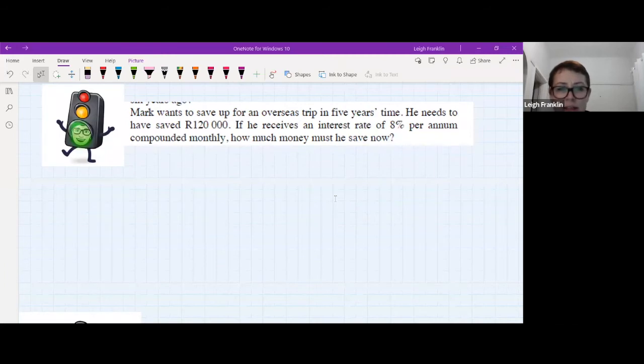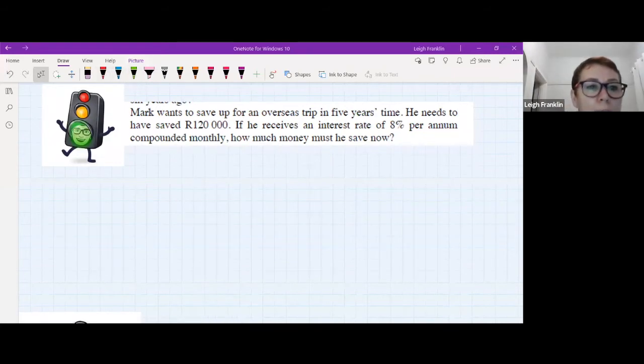Isn't this interesting? We're all doing the same question and we've got different answers. Tsepiso, Cabello, Nsako, Lesedi, Marco and Itumeleng, I got the same answer as you guys. Let's just do this for everybody so that we can see where we've gone wrong. Just hang fire for 2 seconds and let's do this together.